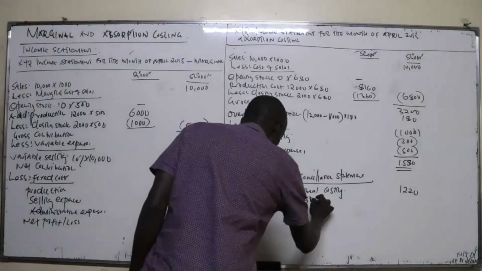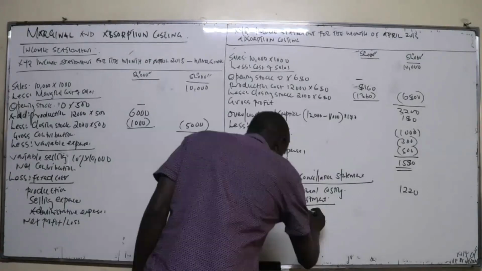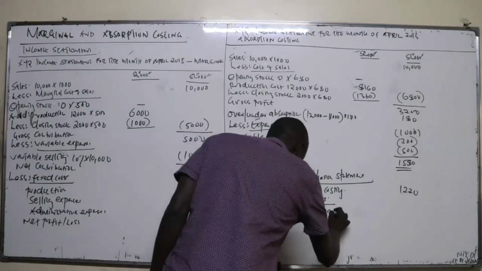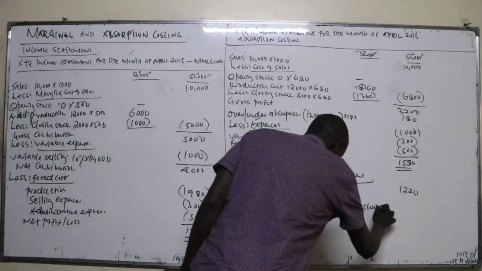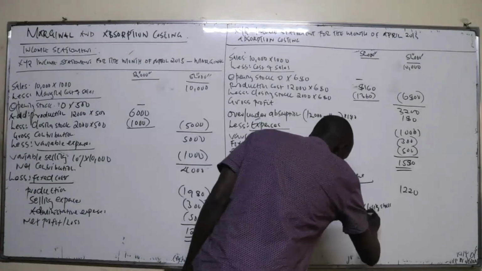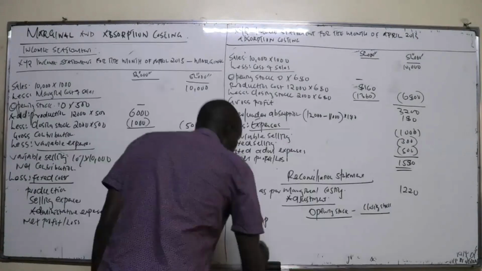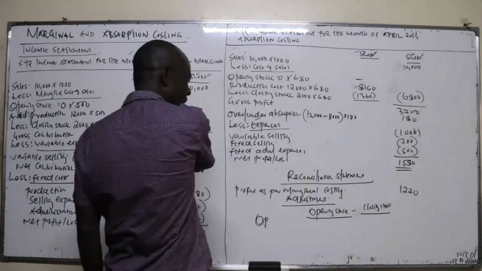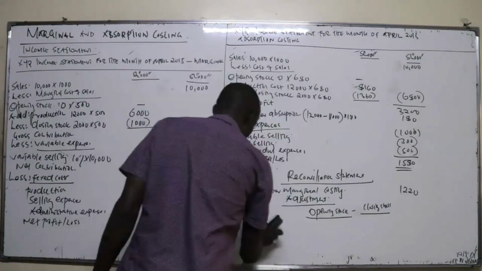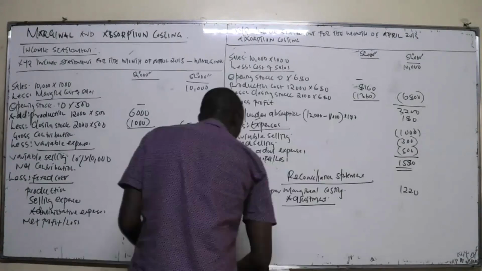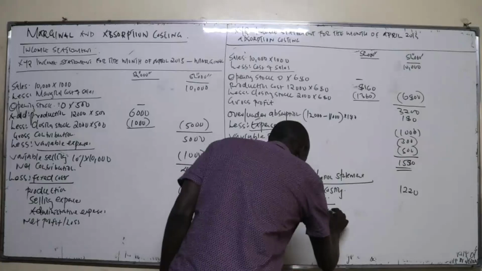So there is opening stock minus closing stock. So you start with the opening stock. Okay, adjustment in stock. So here we have marginal minus absorption costing.